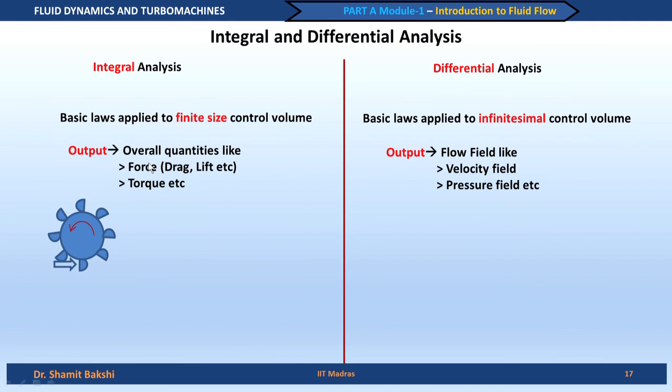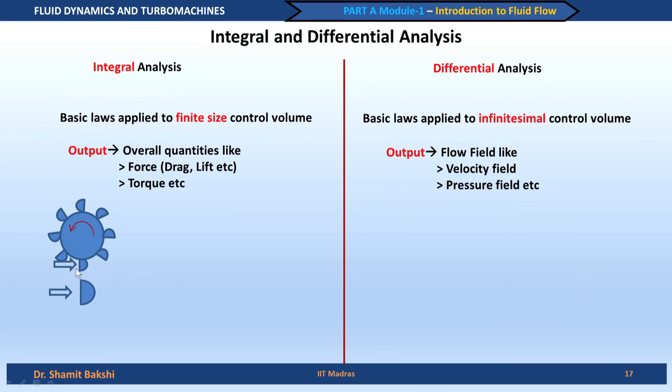Let us take some examples of where we can apply integral analysis. This is a Pelton turbine, and this is the direction of the flow, hitting the turbine blade, and the turbine is rotating.